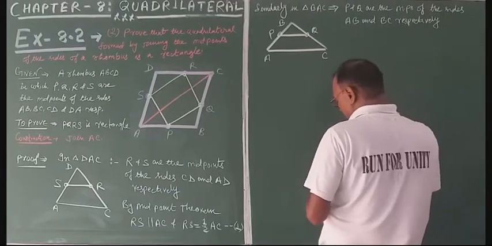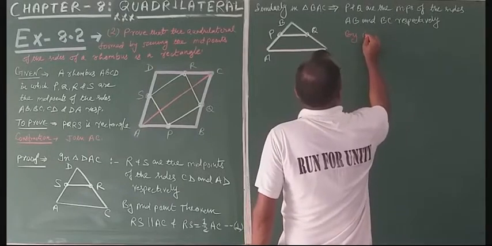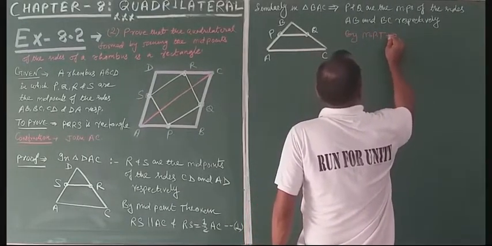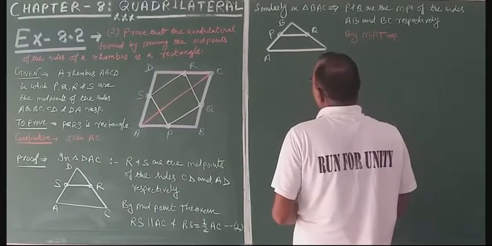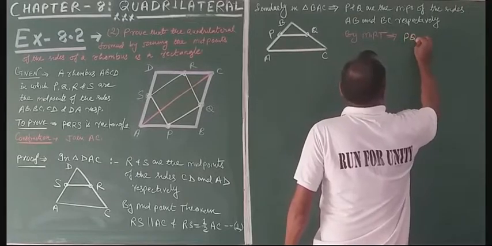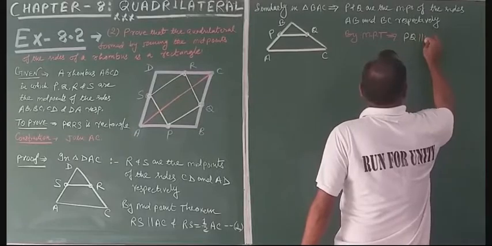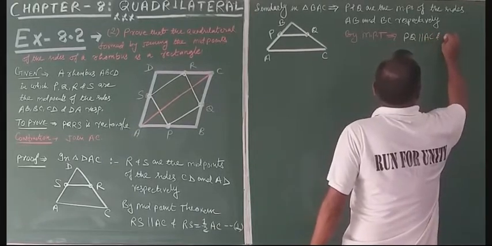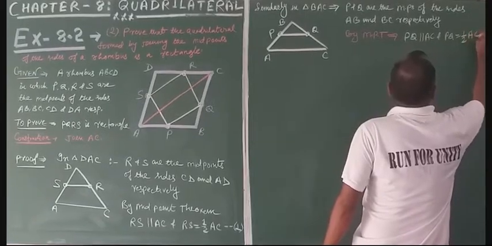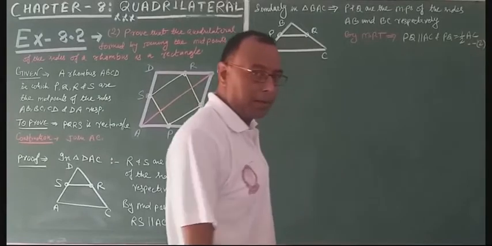Therefore, by the midpoint theorem, what result do we have? PQ is parallel to AC, and the length of PQ is half of AC. This is equation number 2.